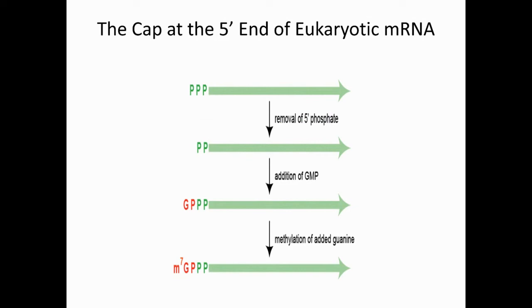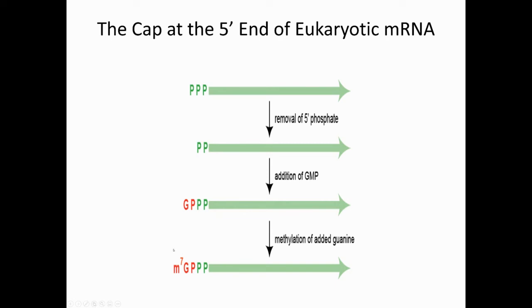And then the guanylyl transferase attaches a molecule of guanosine monophosphate, GMP. So first step, you remove a 5' phosphate, second step, add GMP, and third step, you methylate the guanine at position 7. So that's the capping.